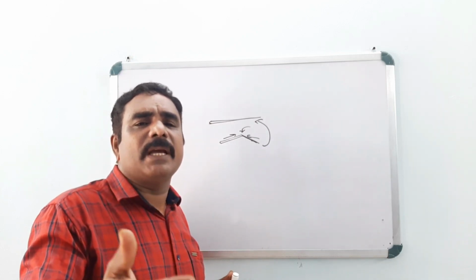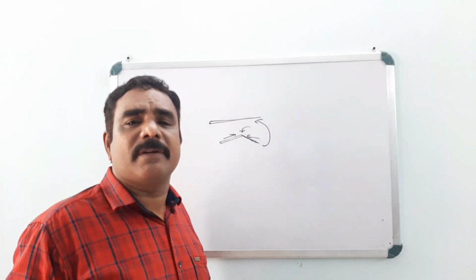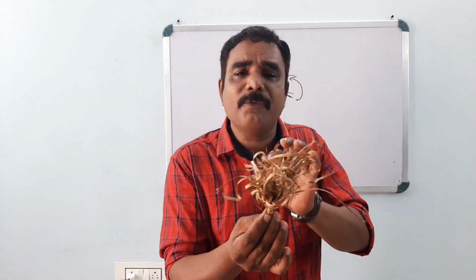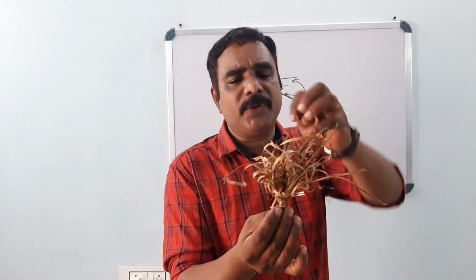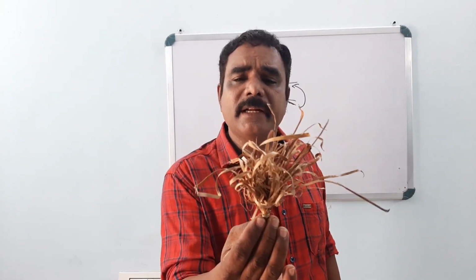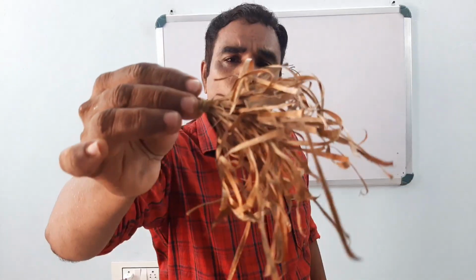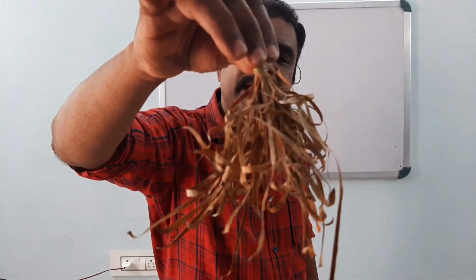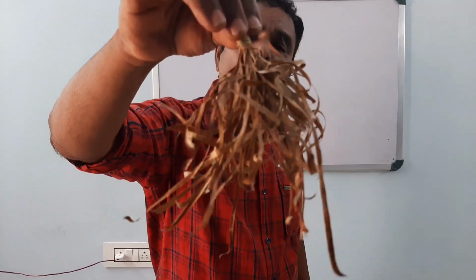Let us see one more example that establishes the same nature. In the second example, we have a bunch of broken leaves. You can see they are widely separated. Now, let us see what happens if we immerse this bunch of leaves in water.